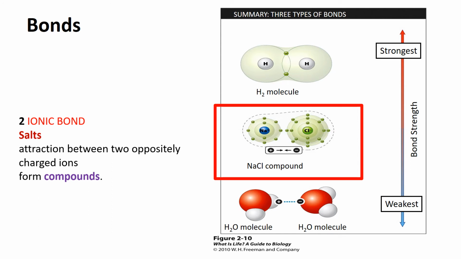If you remember, I told you that the elements on the right side of the periodic table, the ones closest to the last column, tend to gain electrons, and the elements on the left side of the periodic table tend to lose those electrons. So an ionic bond typically is made between elements on the right side of the periodic table and elements on the left side, or elements that have opposite charges.